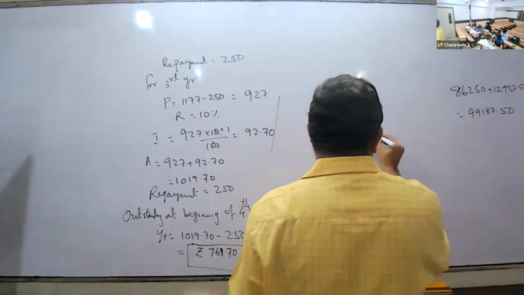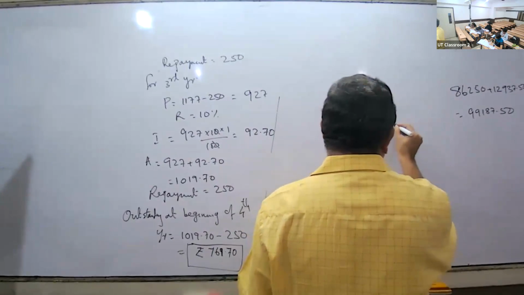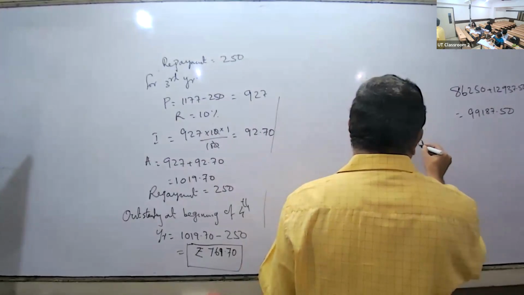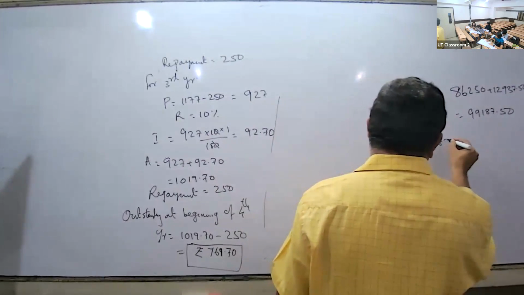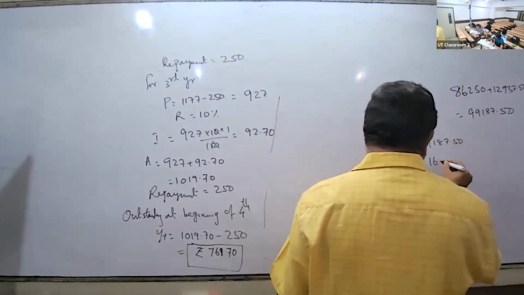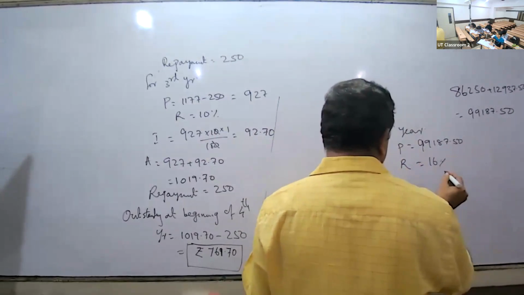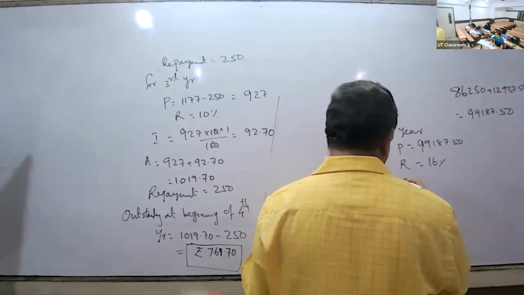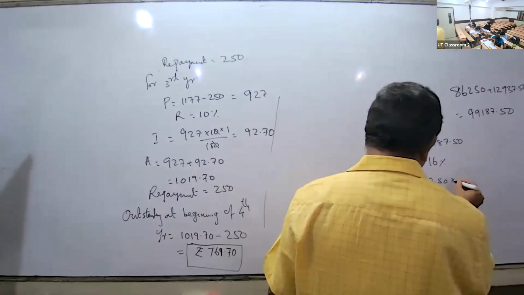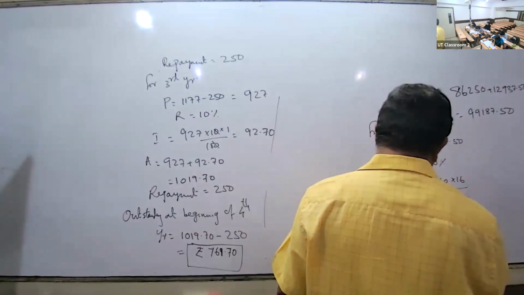Now for the third year, principal will be 99,187.50. Rate is 16%. Therefore, I is equal to 99,187.50 into 16 upon 100.